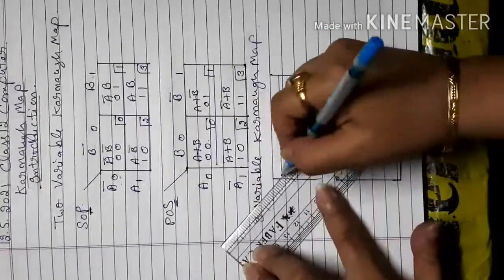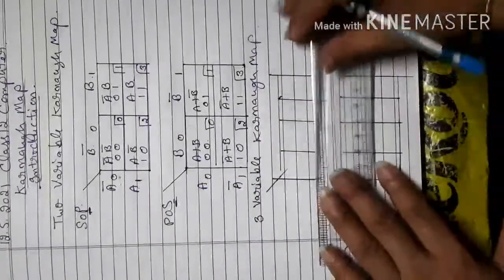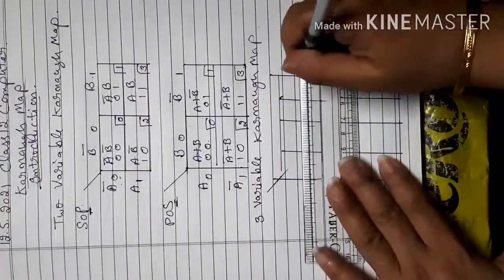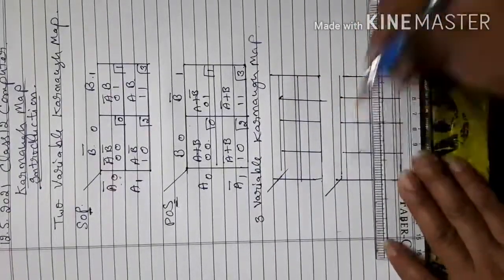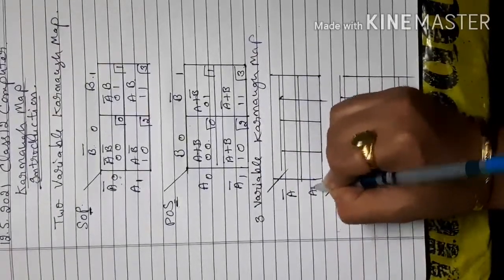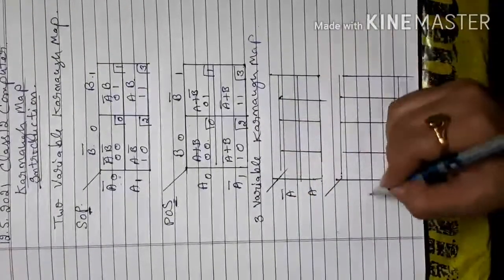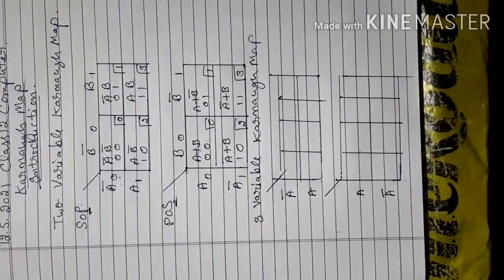There will be 2 rows, because we represent 1 variable row wise. Here will be A complement, here is A, and here is A and A complement, so that is opposite to that.